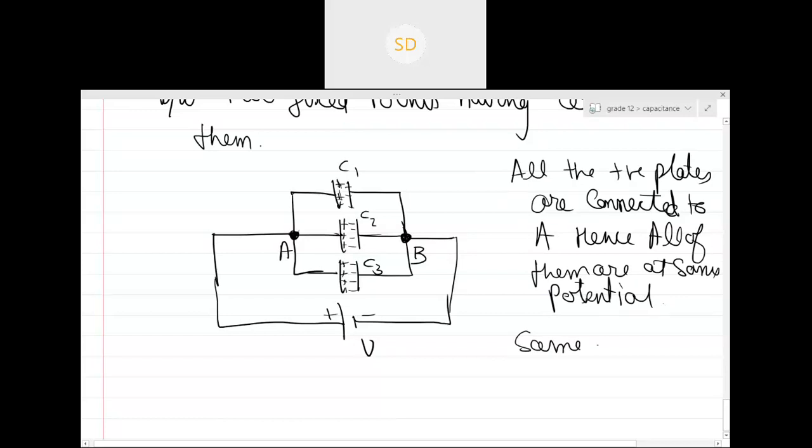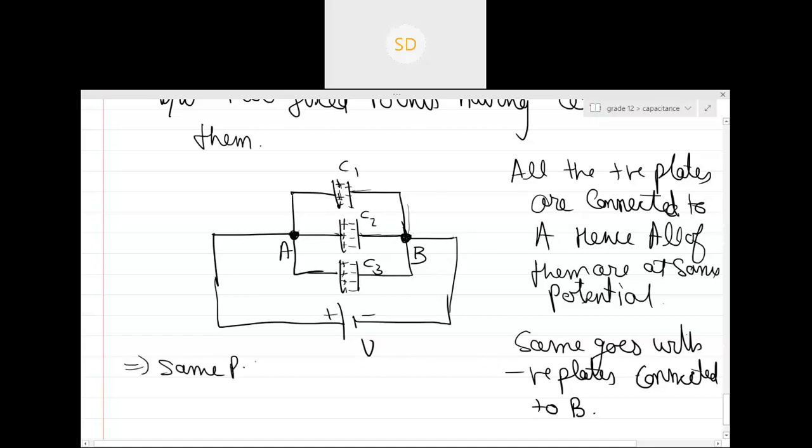Same goes with negative plates connected to B. All the plates connected to point B will be at the same potential. So all the positive plates are at one potential and the negative plates are at one potential. That implies the same potential difference across every capacitor. Yes or no?